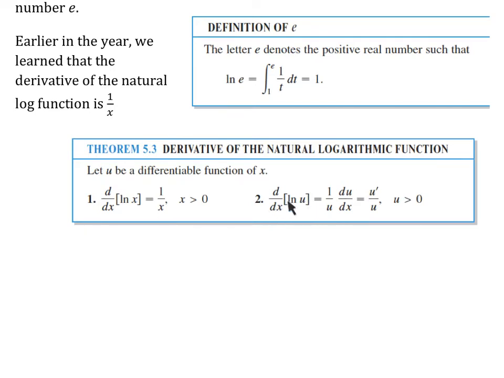The derivative of the log of u, or natural log of u, is going to be 1 over u, just like 1 over x. But then we got to multiply by du over dx. Okay, the chain rule. We got to take the derivative of the inside. Well, du over dx is just written as the same thing as u prime. So when we take the derivative of the natural log of u, we have u prime over u. Okay, so those are things that we've done before.